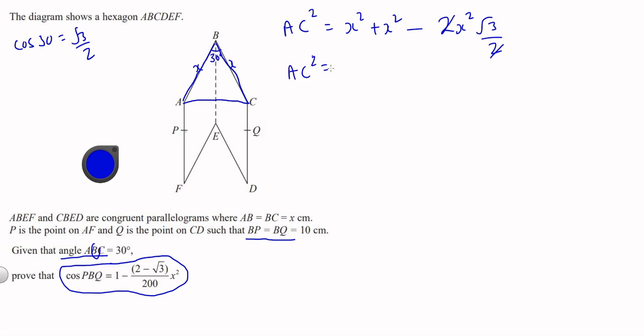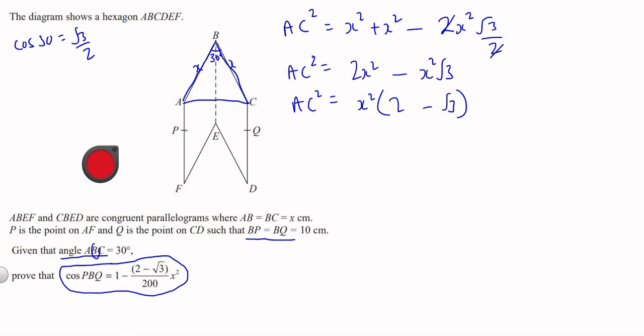AC squared is equal to, let's simplify this. 1x squared plus 1x squared is 2x squared, and that's minus x squared root 3. I can factorize that. The x squared is common to both parts, so it's x squared times 2 minus root 3. That's been factorized now. That's my AC squared.